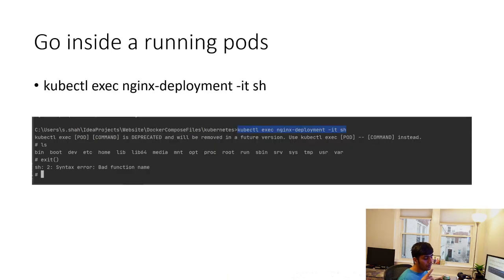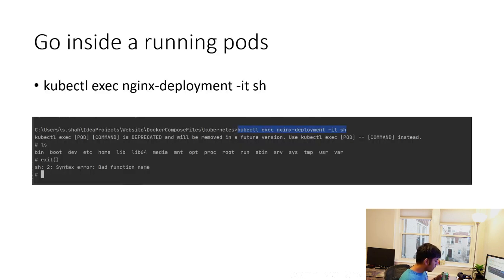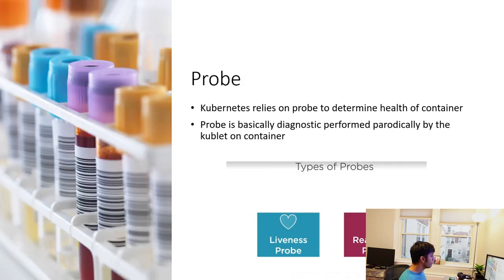Remember, what is a pod? A pod is nothing but a spacesuit or a gift wrapper around the container. Now I want to cover a little bit about what a probe is. Kubernetes relies on probes to determine the health of the container. When you make an API, you want to have some kind of health check, right? Whether the API is running.